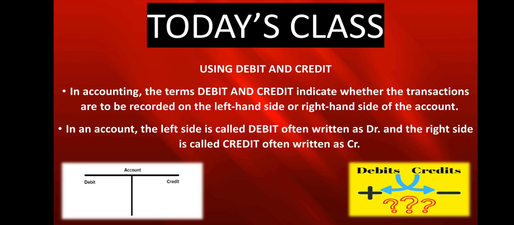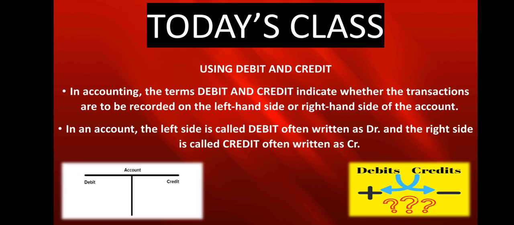An account looks like the letter T. The left hand side is called the debit, often written as DR, and the right side is called credit, often written as CR. It's very important for you all to remember, children.